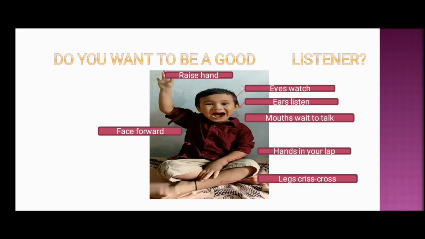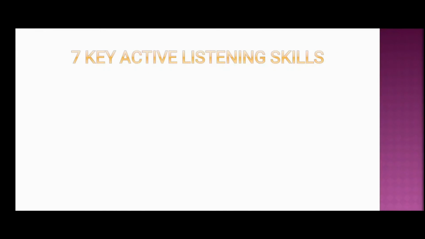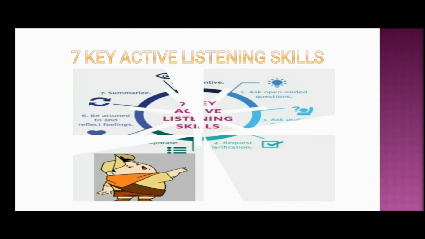Now, we are going to the next. Here are 7 key active listening skills for us to improve, children. They are: be attentive, ask open-ended questions, ask probing questions, request clarification, paraphrase, be attuned to and reflect feelings. The last one is summarize.